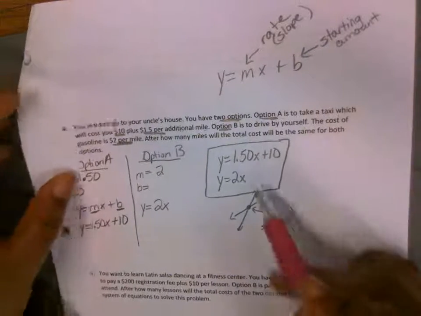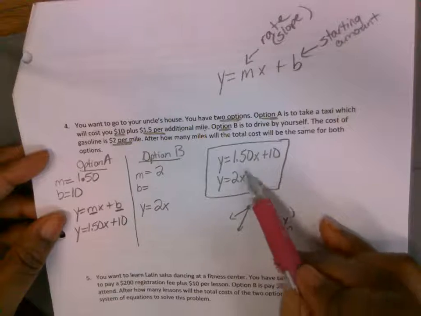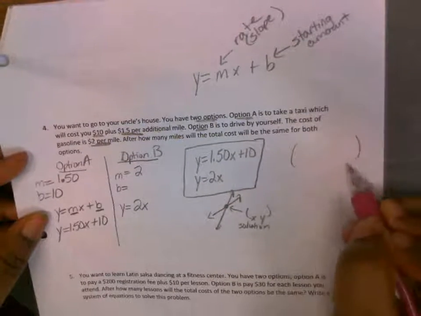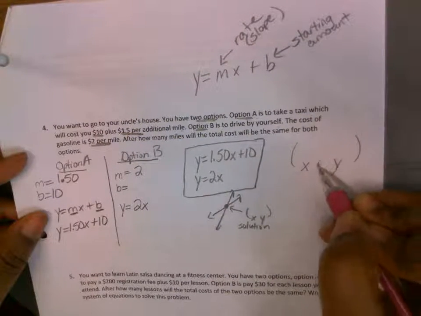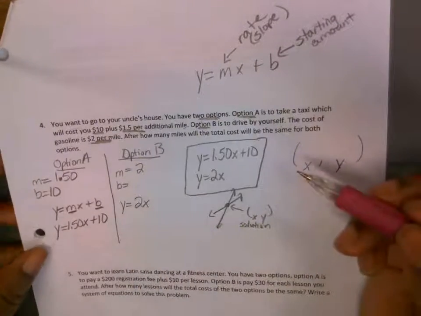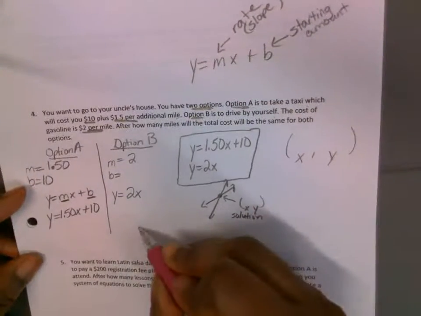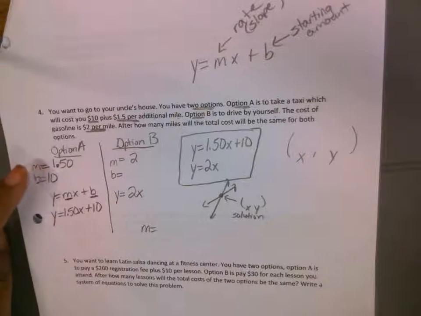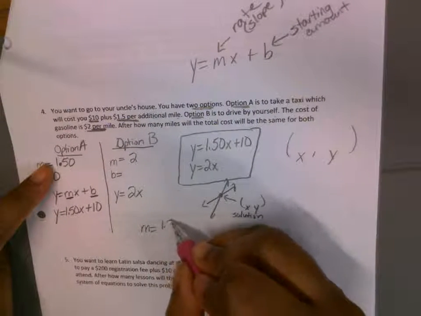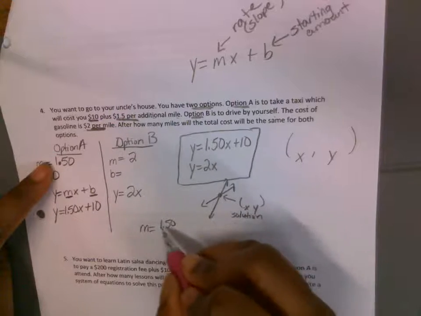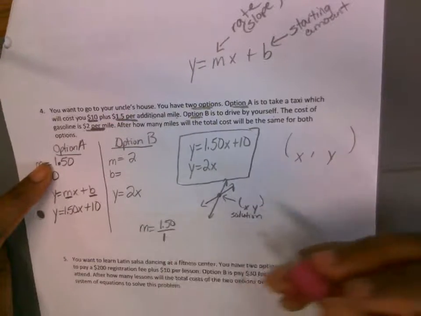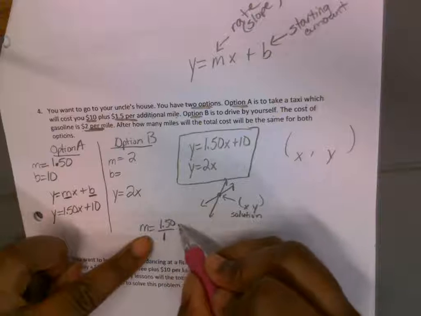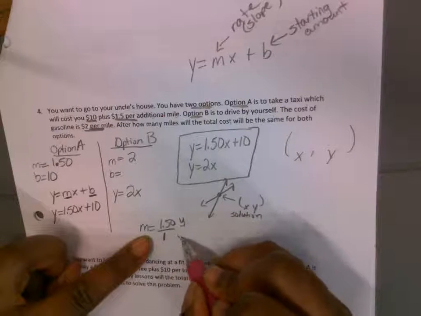So here, we want to figure out where these lines cross each other. That's going to be my answer. That's when my x and y values are the same for both options. Remember, to find my x and y, I'll take a closer look at the slope. It says 1.50, that's dollars per one mile. On the top are my y's and on the bottom are my x's.